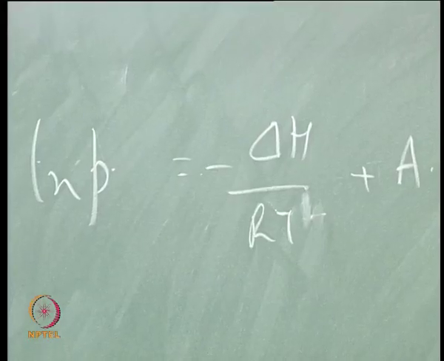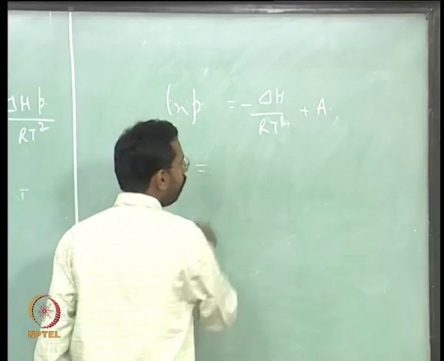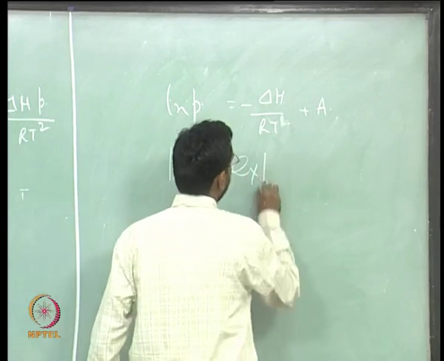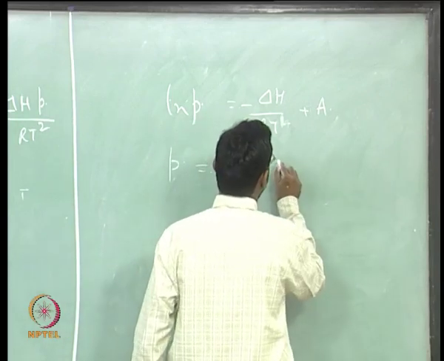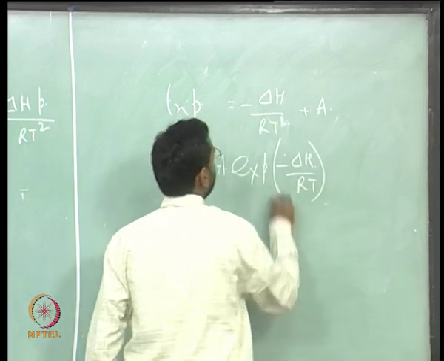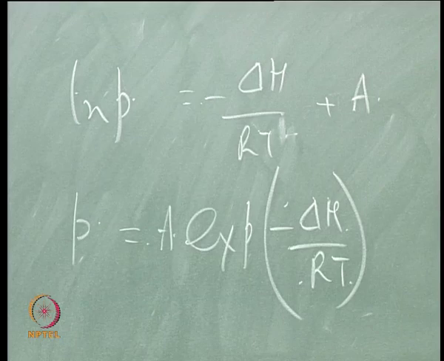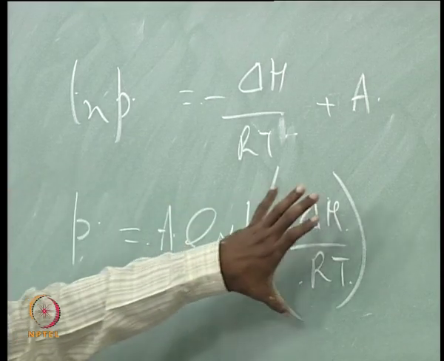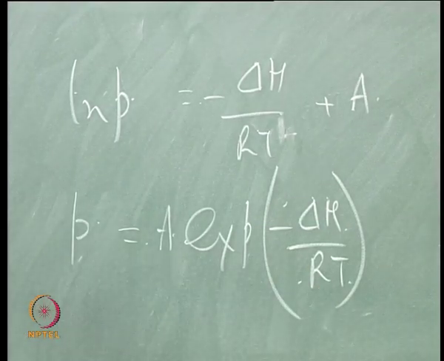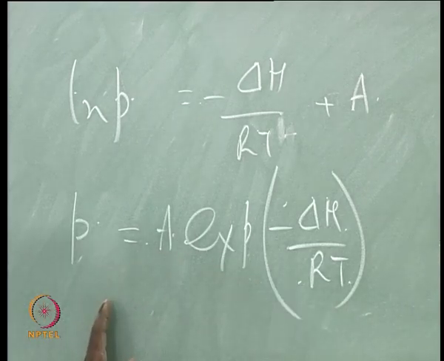And if we write it in the exponential form, you can write P is exponential, some constant will be there, minus delta H by RT. Once you have the ln version we can also write this. That means the partial pressure of any gas is exponentially related to the temperature.